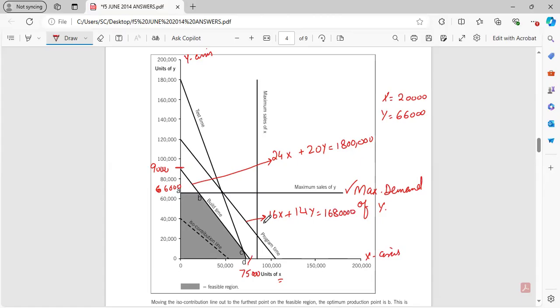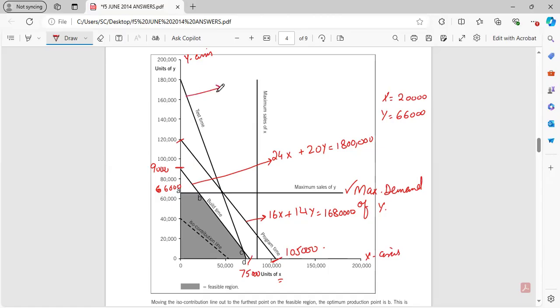So we were saying that if we allocate all the resources to Y, we can produce 120,000 units. And if we allocate all the resources to X, we can produce 105,000 units. So this program time line indicates the maximum output of X and Y.